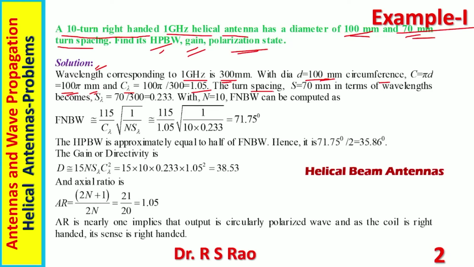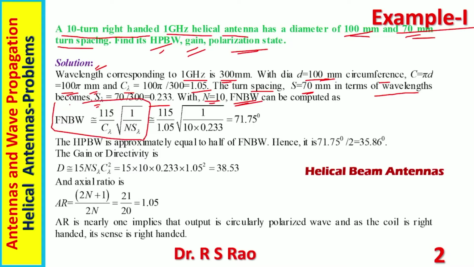The turn spacing is given as 70 mm. In terms of wavelengths, it becomes 70 by 300. Therefore, S lambda, spacing in wavelengths, becomes 0.233. Given that number of turns is 10. Now, first null beamwidth we compute. It is given by this form.